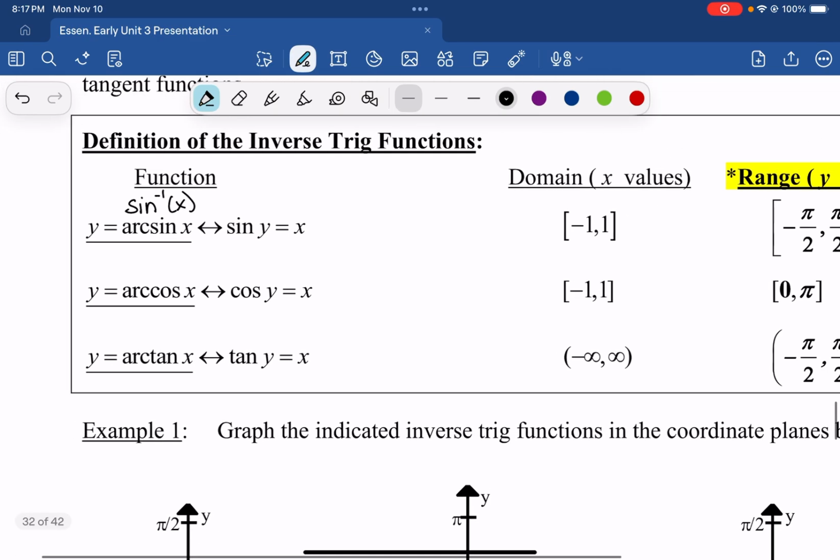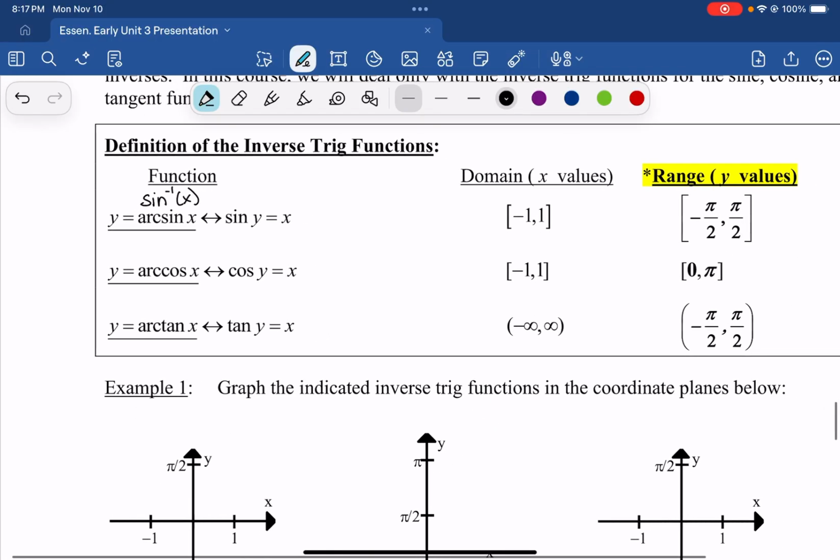For arc sine, our domain is from -1 to 1, and our range is from -π/2 to π/2, because that's where it starts repeating, since it's a periodic function.